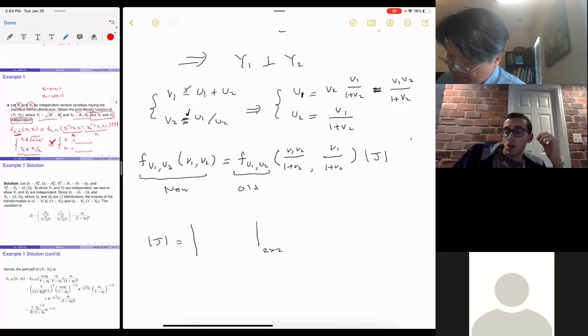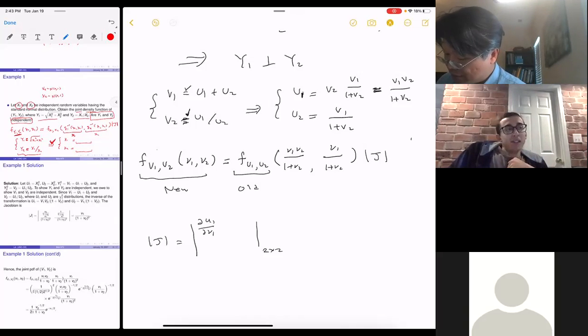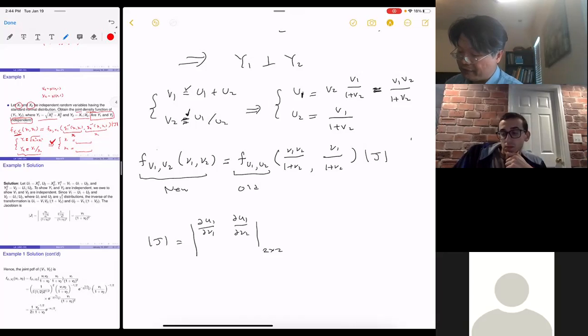It's really nothing but partial U1, partial V1. People learn things differently. I usually use partial U1 and then partial V2. If you learn it as partial U1, partial V2, it's fine. It doesn't matter which way.